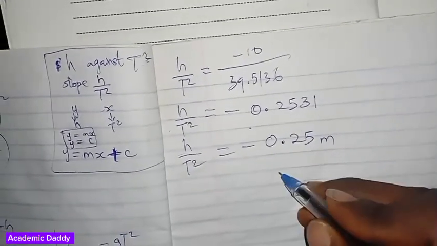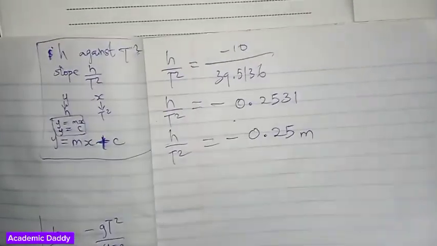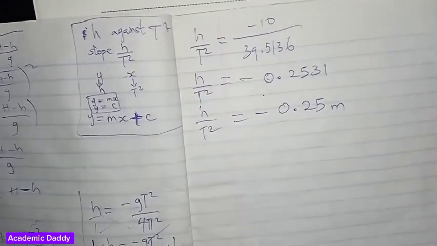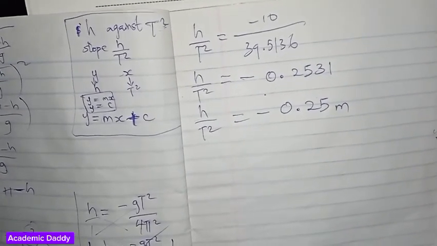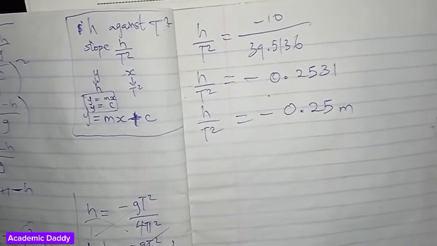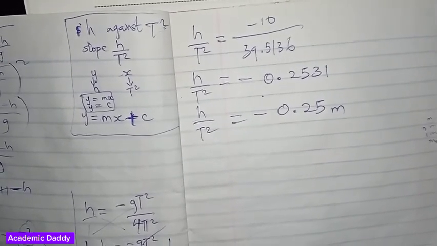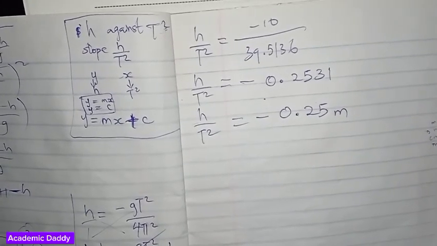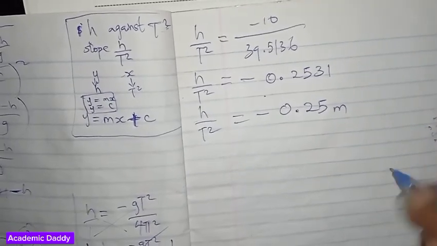If you are using centimeter, yes, this should be meter. You know that we have millimeter, centimeter, decimeter, and meter. Going from centimeter to meter, we divide, while from meter to centimeter we multiply.